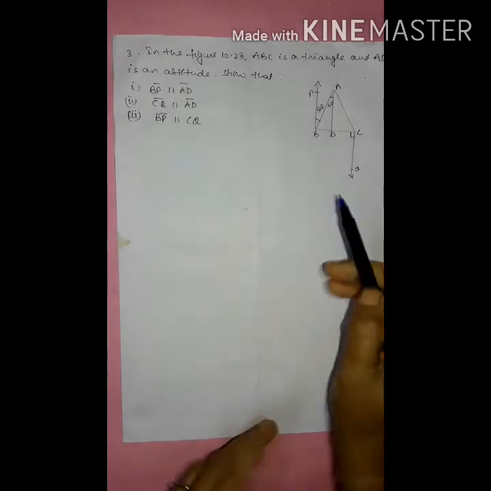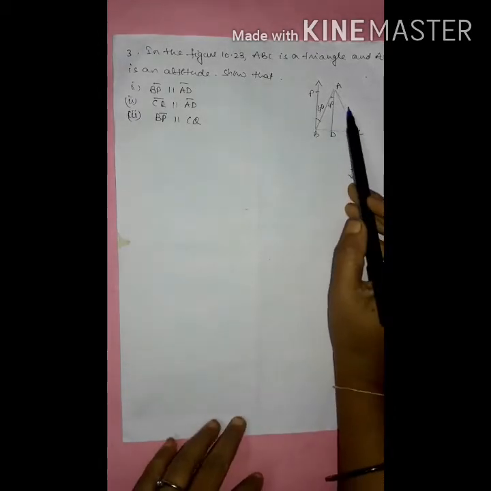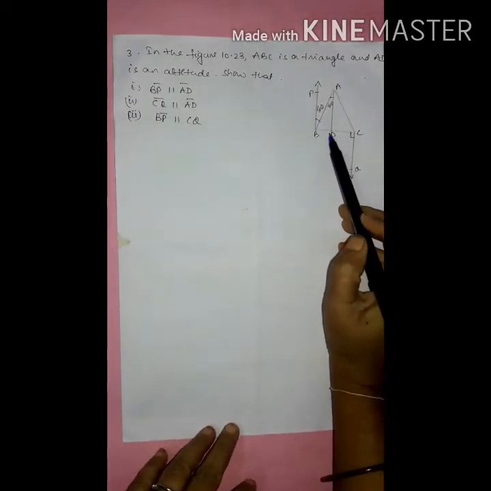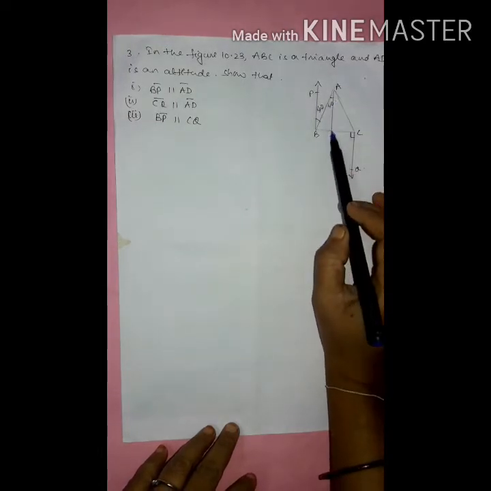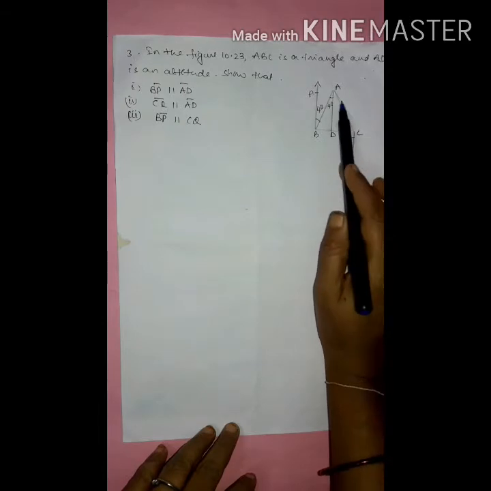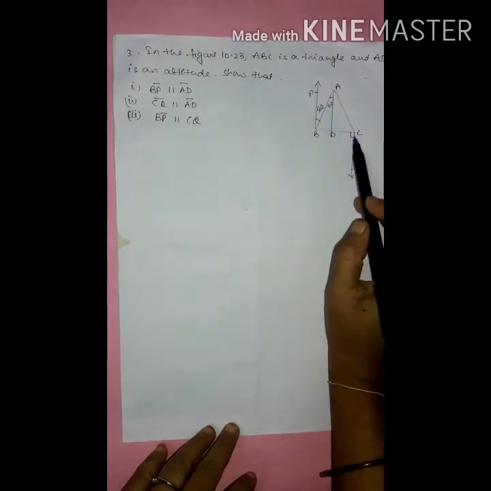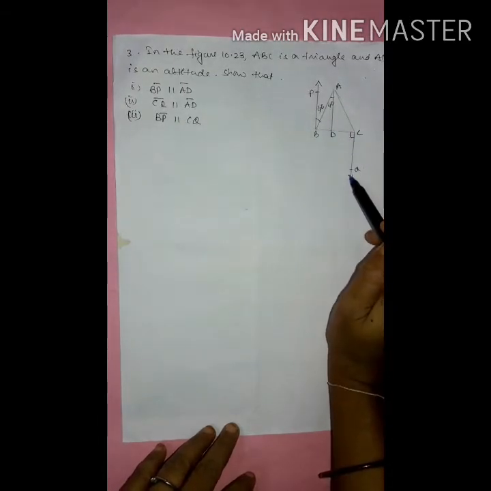In the given figure, ABC is a triangle and AD is an altitude, BP is parallel to AD and CQ is parallel to AD. So BP is parallel to CQ.